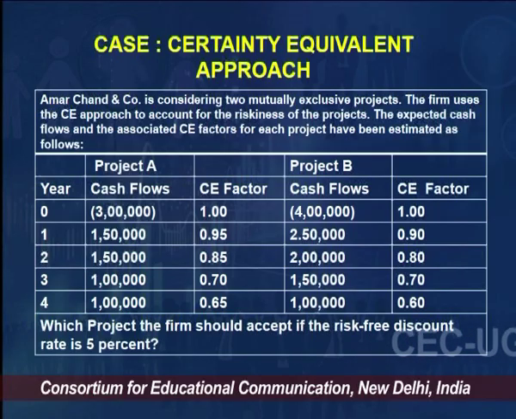So, that is how we reached the conclusion that project B is better after calculating RA and PV.